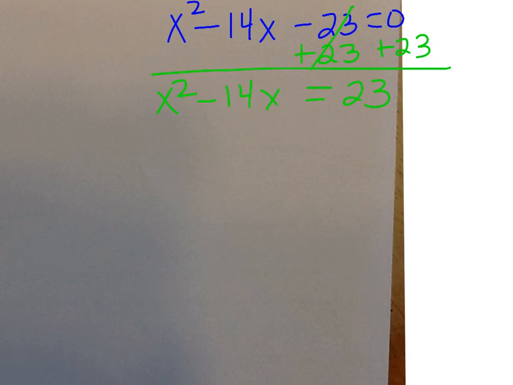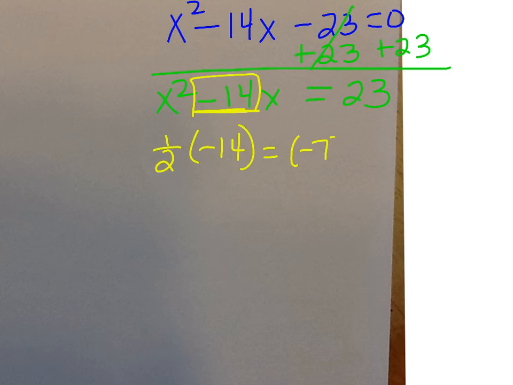All right, now we're ready to do half of b. b, watch the signs, is negative 14. Half of negative 14 is negative 7. Square it, you get positive 49. Watch the sign.